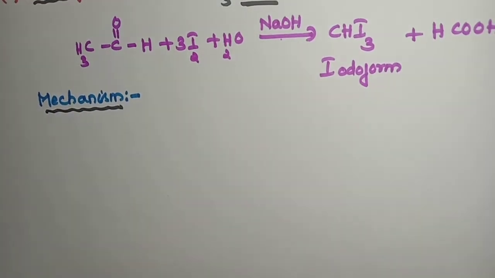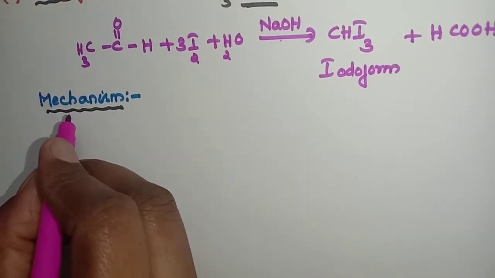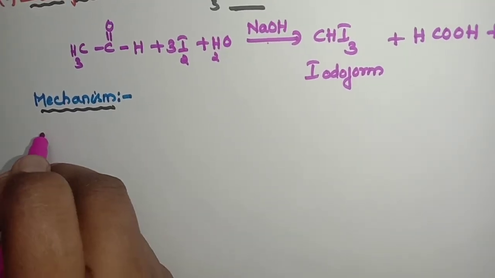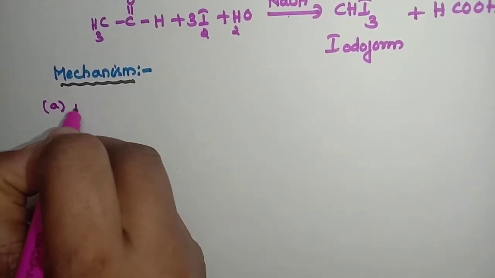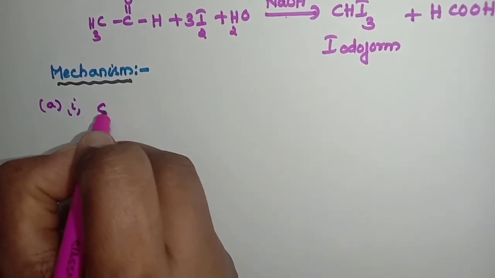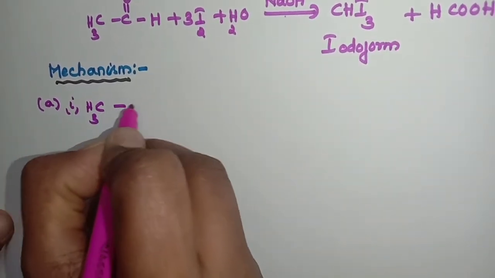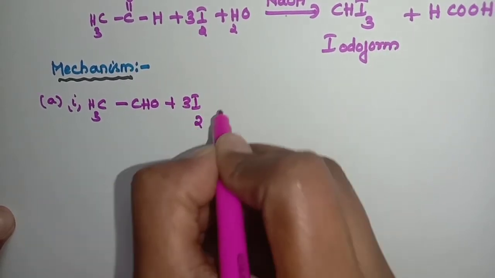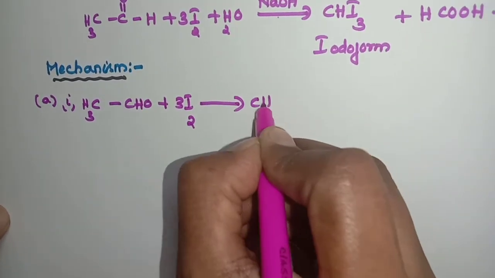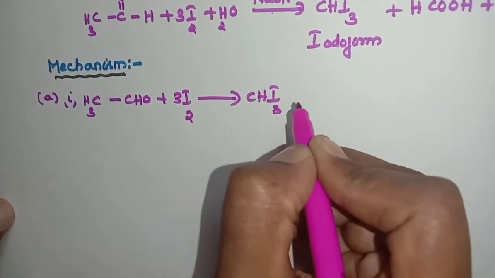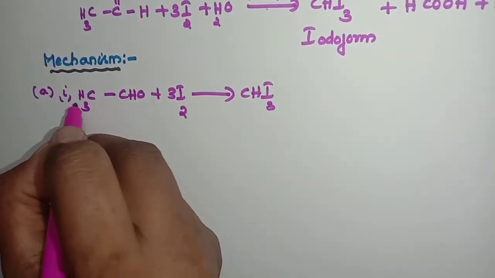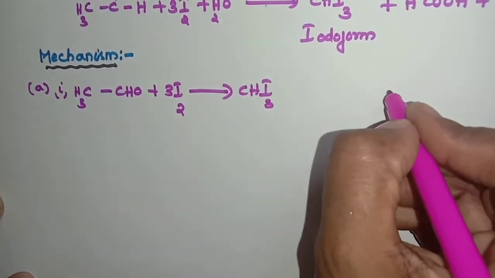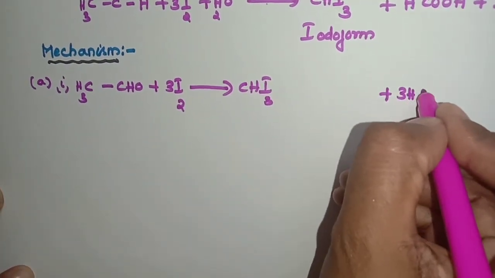First let me show the mechanism of acetaldehyde reacting with iodine. Put A. In this first step we have CH3CHO plus 3I2 gives rise to CHI3, these 3 hydrogens and 3 iodines form 3HI.